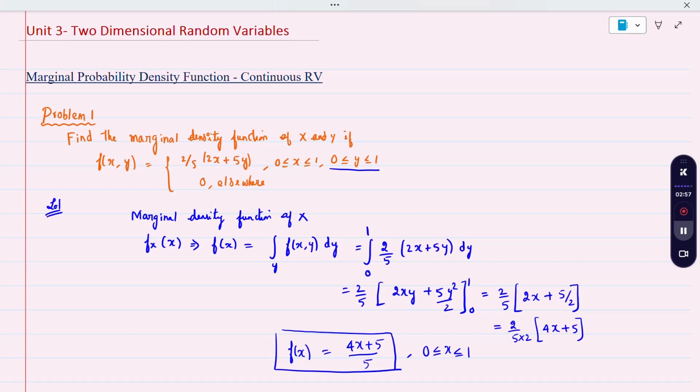In the same way, the marginal density function of y. Same procedure, only you have to change the formula.